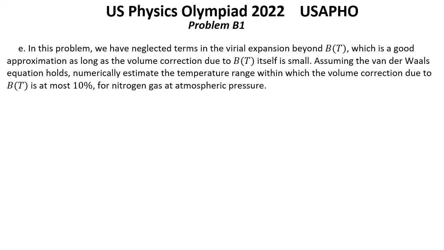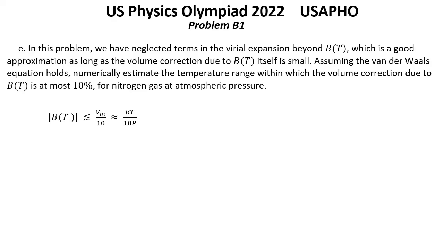Solution. We are looking for the temperature range where BT is approximately less than Vm over 10, which is approximately RT over 10P. At high temperatures, BT always yields a small correction for nitrogen at atmospheric pressure.